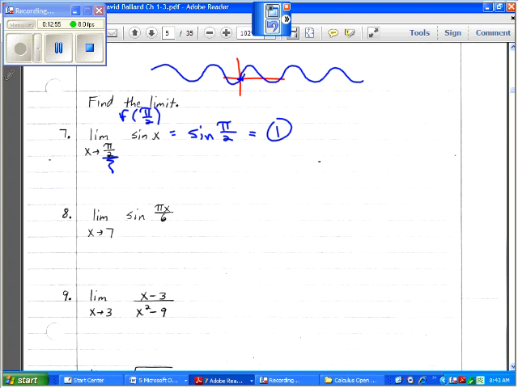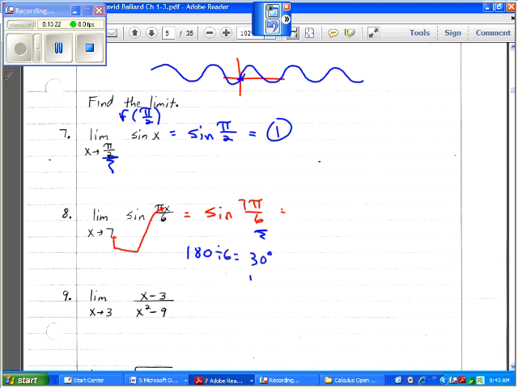We know that sine is everywhere continuous, and so we can put that 7 in place of the x. And so we're going to have the sine of 7 pi over 6, right? Now, you should know from trig to think about that 6 and say, okay, that's like 180 divided by 6 is 30.